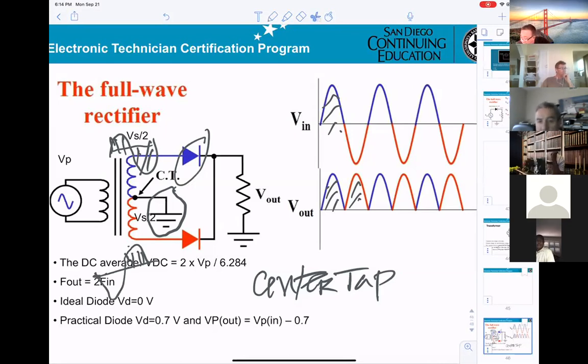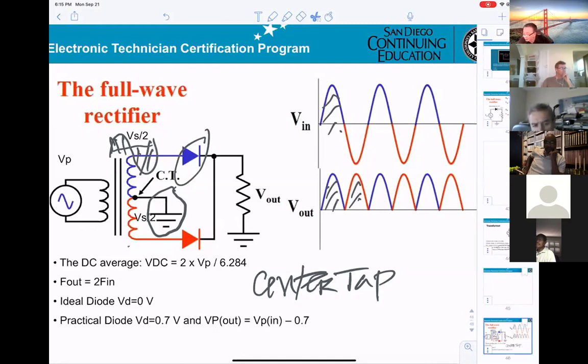And now, that's more efficient. The output frequency will be double, equal to two times the input frequency.